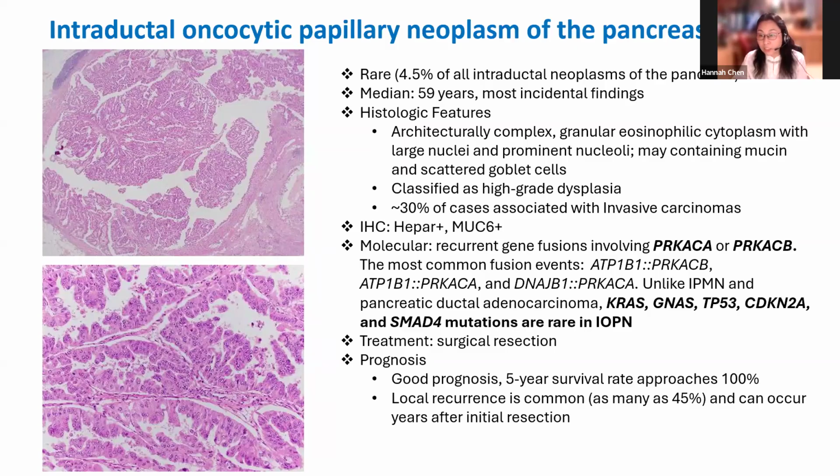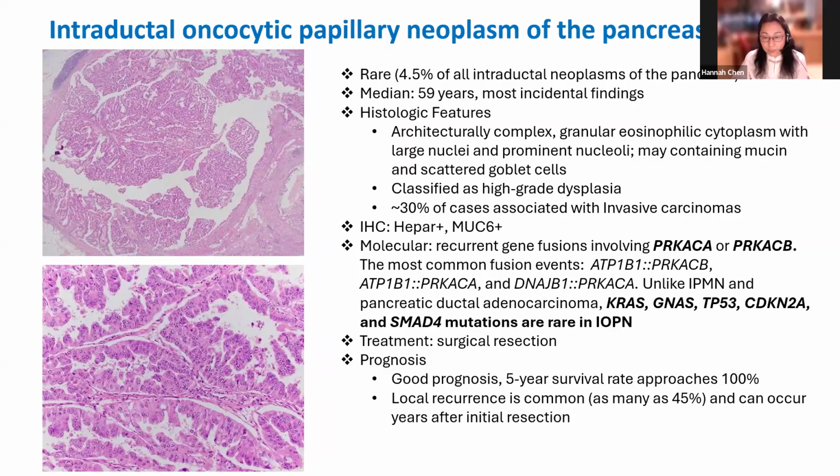Molecularly, there is recurrent gene fusion involving PRKACA or PRKACB, shown here. Those are fusion genes. For pancreatic ductal adenocarcinoma, usually altered genes like KRAS, GNAS, TP53, CDKN2A, or SMAD4 mutations are usually not identified in IOPN.